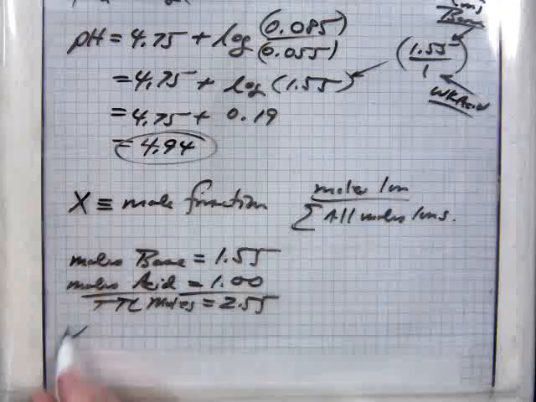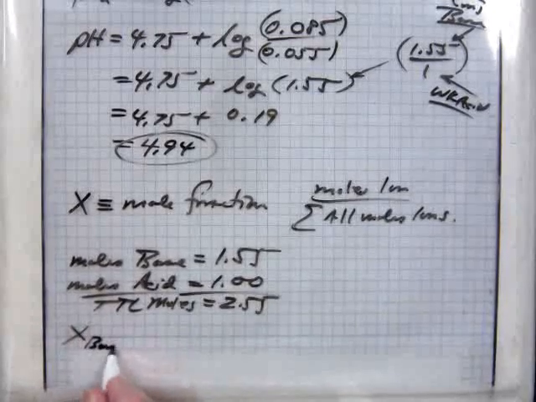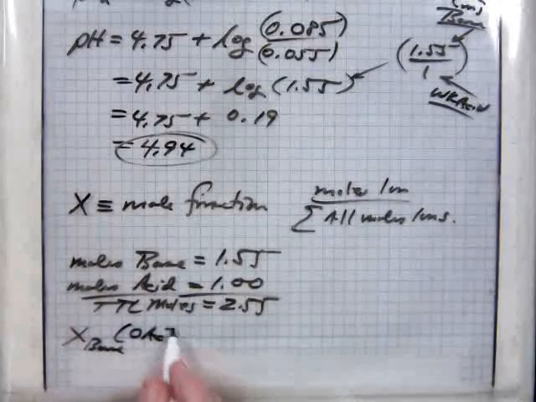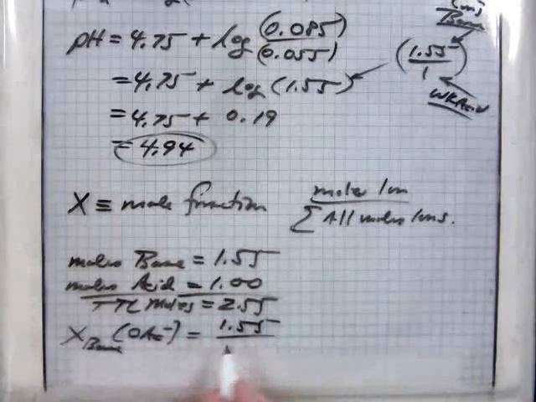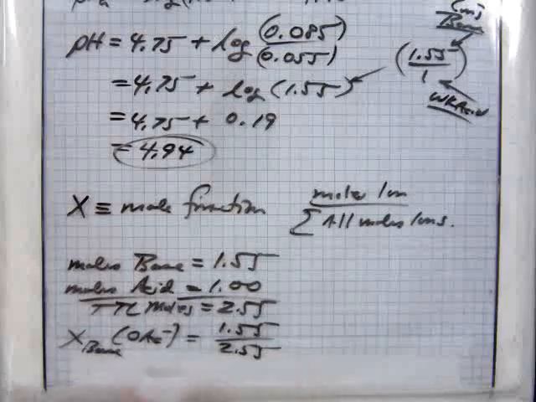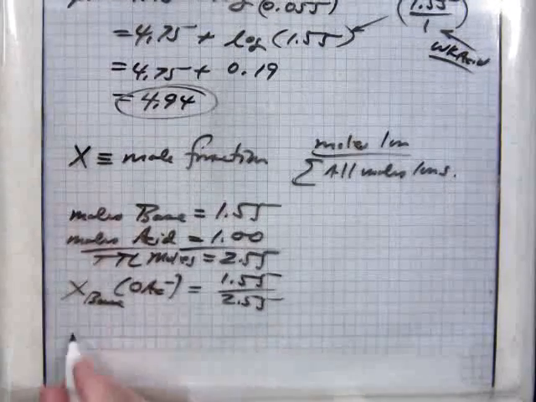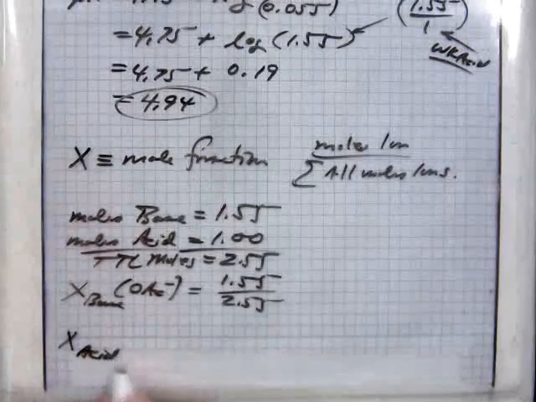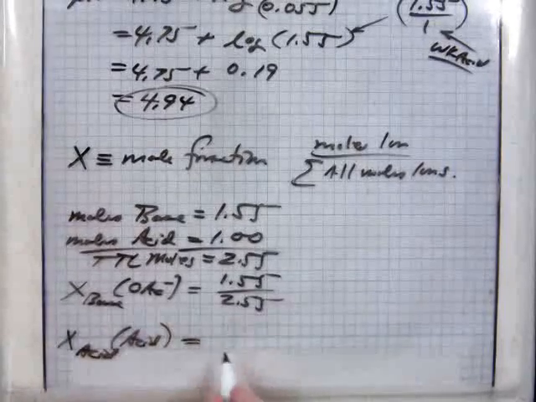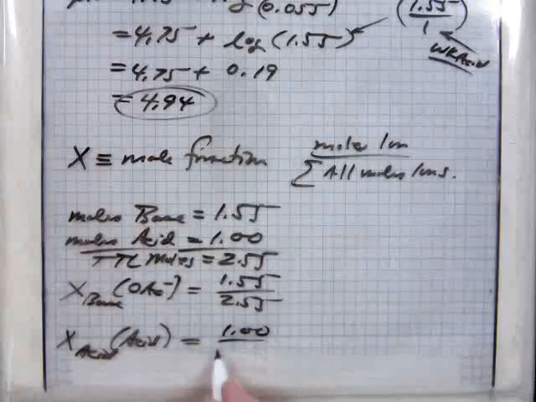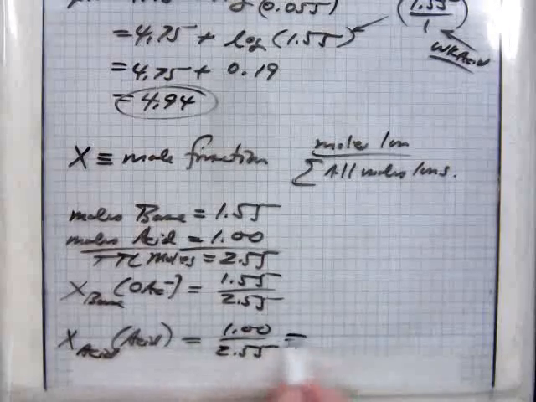So the mole fraction of base, which is the OAC in this problem, is 1.55 over 2.55, and the mole fraction of acid, and you'll need this in preparation of buffers, is 1.00 over 2.55.